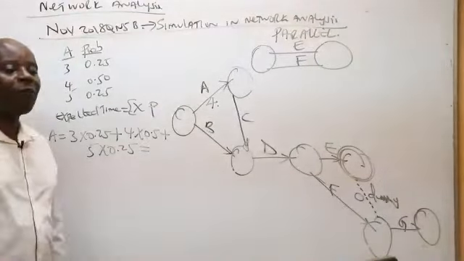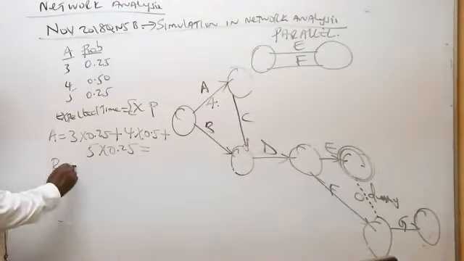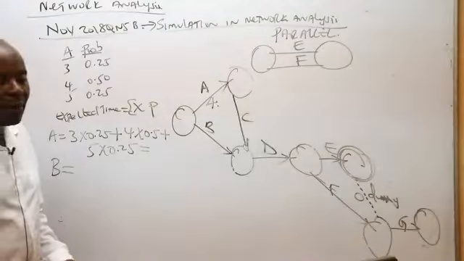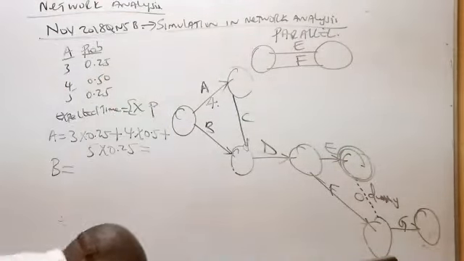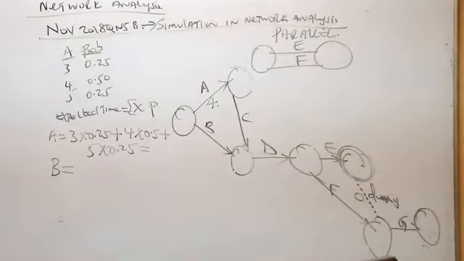How about the expected time for B? I would want somebody to continue with this nice work and give us the expected time of B. Fatima has already given me a figure.